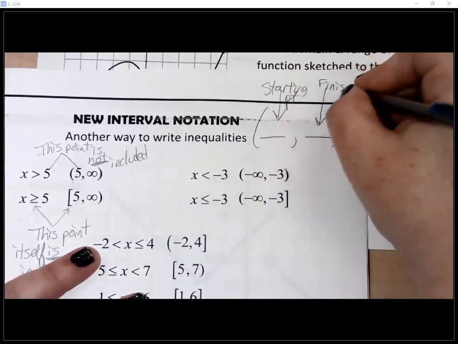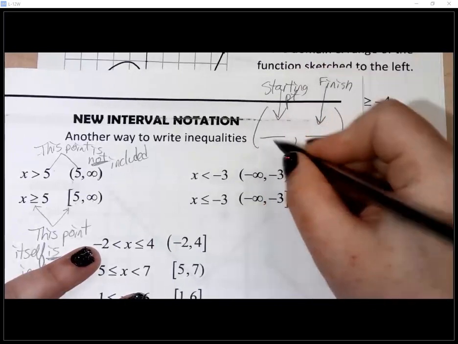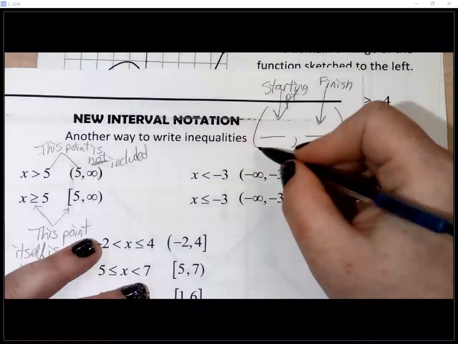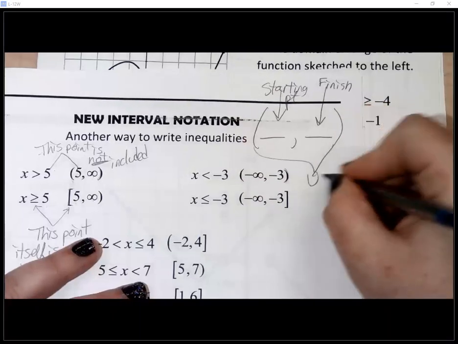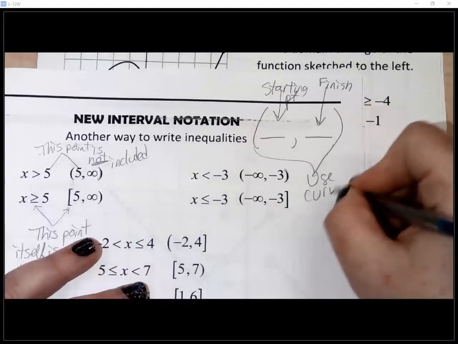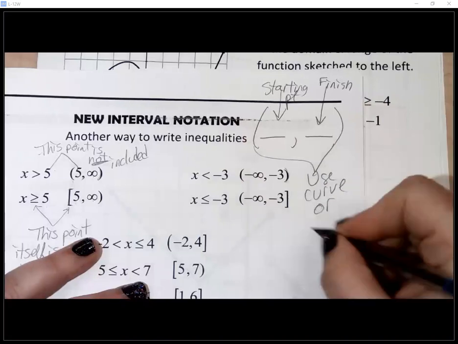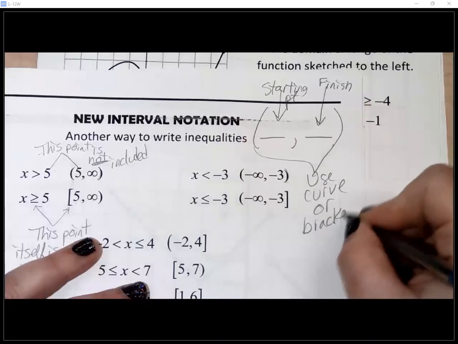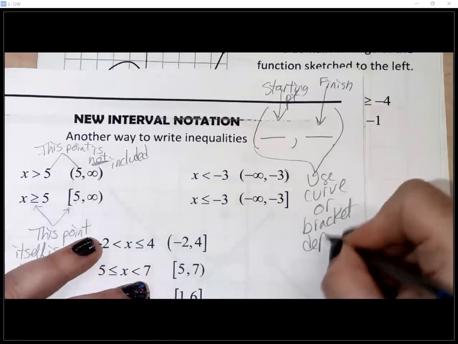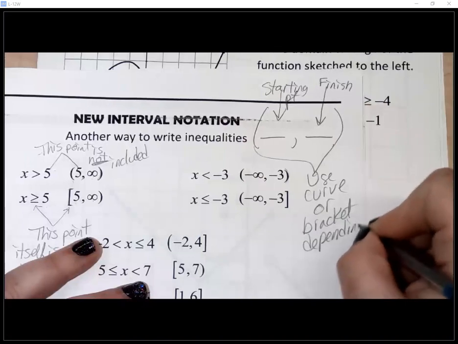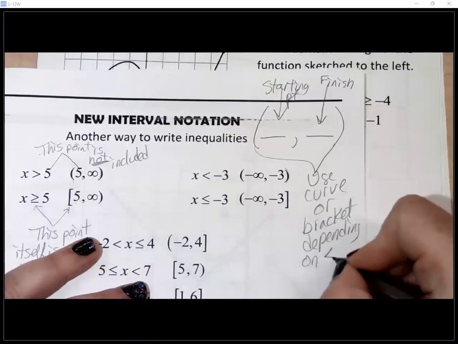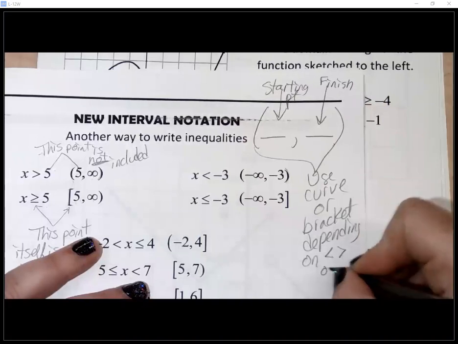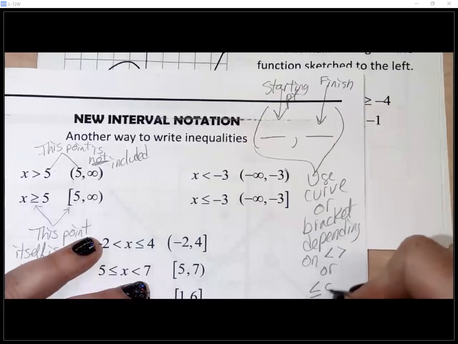And then your parentheses are either going to be curved or bracket, depending on if you have the or equal to or not.